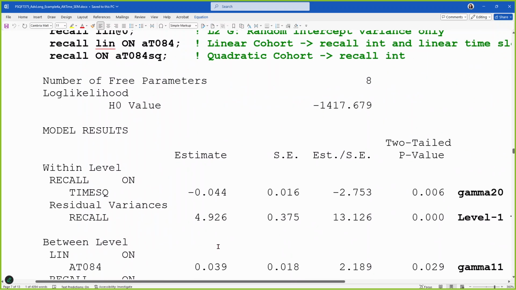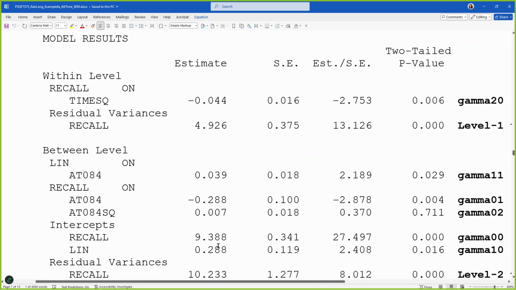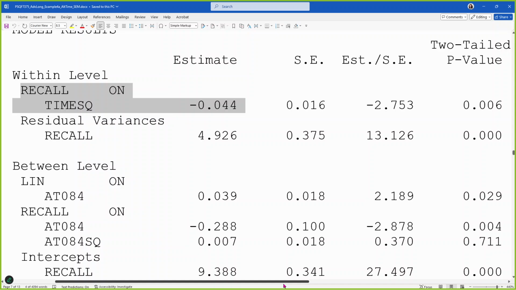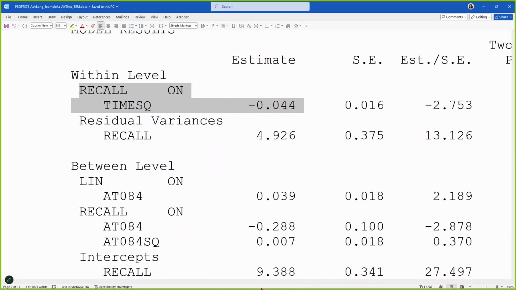All right, so here's where it gets a little interesting, trying to find what's what. It helped, because it's not obvious. So the first thing that shows up is recall on times squared. What would I call that last week? Actually, about 2 weeks ago.